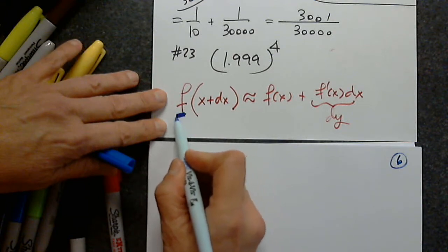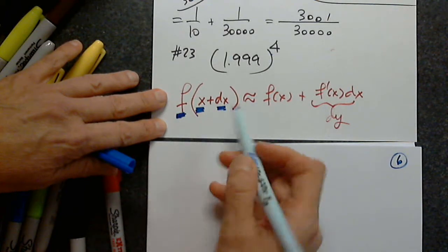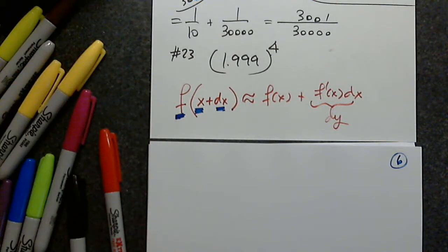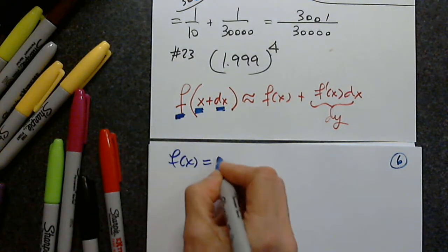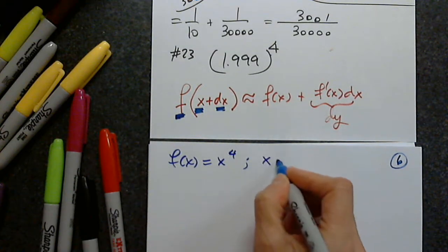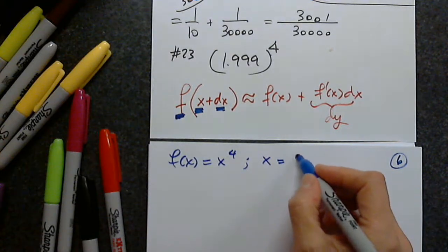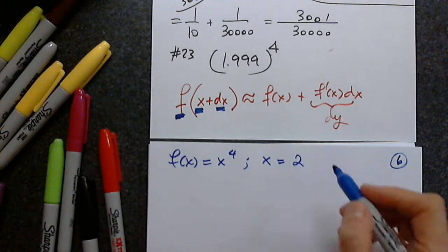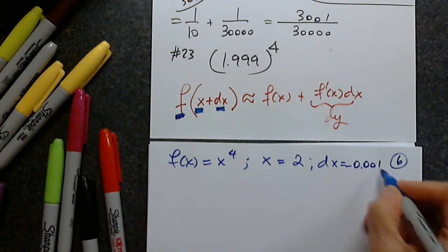I need this, I need this, and I need this. The rest is history. What function are we looking at? Obviously. Which x value are we looking at? Which dx are we looking at? -0.001. Awesome.